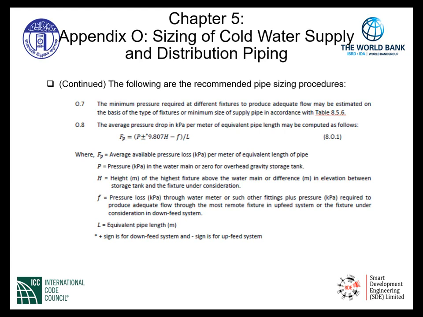Continuing on, 0.7, the minimum pressure required at different fixtures to produce adequate flow may be estimated on the basis of the type of fixtures or minimum size of supply pipe in accordance with Table 8.5.6.